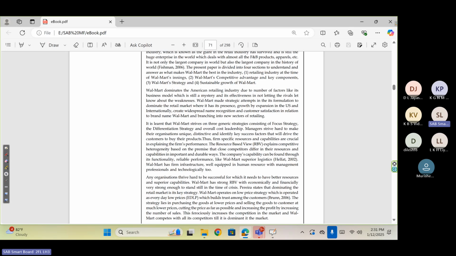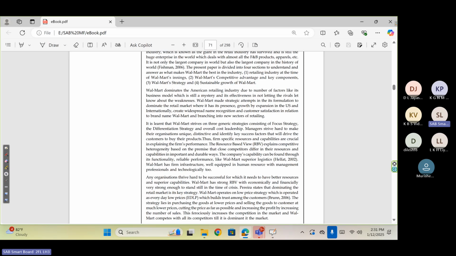It is learned that Walmart thrives on 3 generic strategies: cost leadership, differentiation, and focus strategies. So we noted in that lesson. Focus strategy, that is market, differentiation, and cost leadership. Managers strive hard to make their organizations unique, distinctive, and identify key success factors that will drive the customers to buy their products repeatedly.